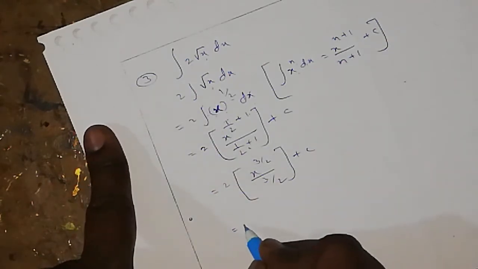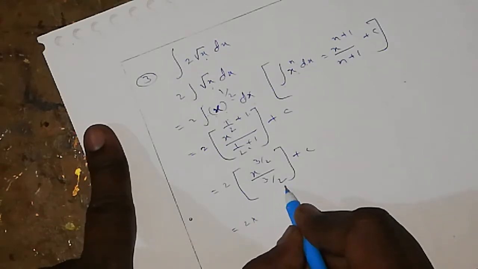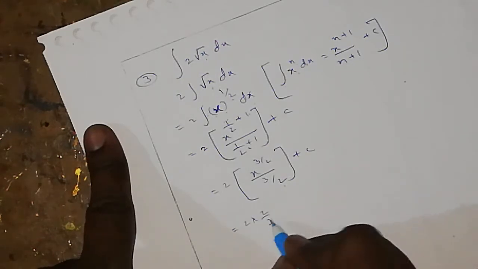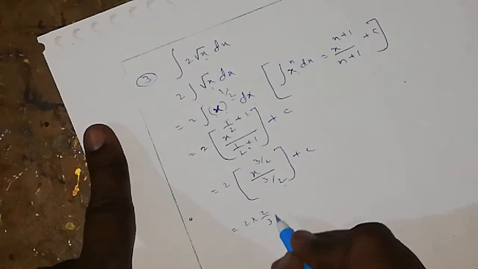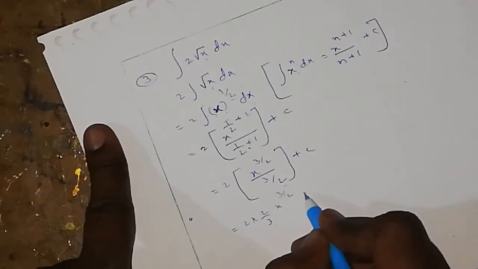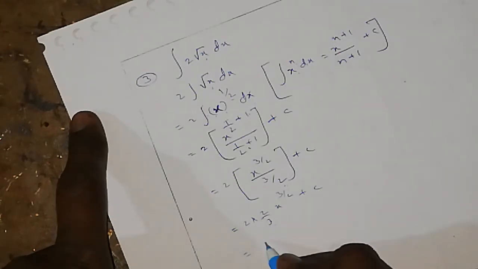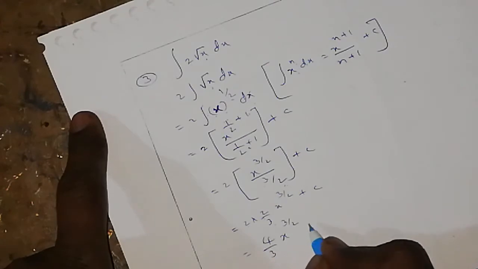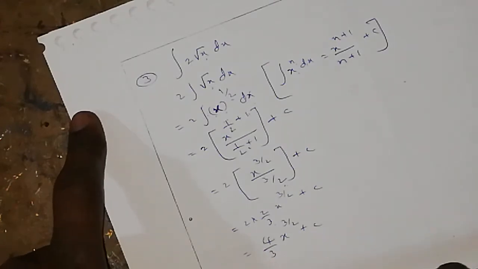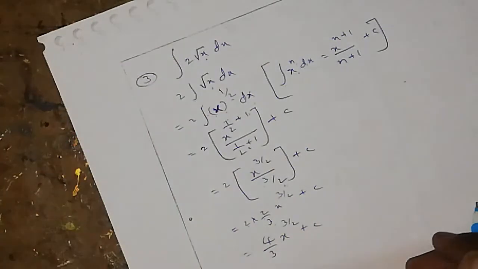So that means 2 into, what is the reciprocal of 3 by 2? Right, it is 2 by 3. 3 by 2 reciprocal is 2 by 3 into x to the power of 3 by 2 plus c. Now multiply. 2 2s are 4 by 3 x to the power of 3 by 2 plus c. This is the answer of integration of 2 root x.